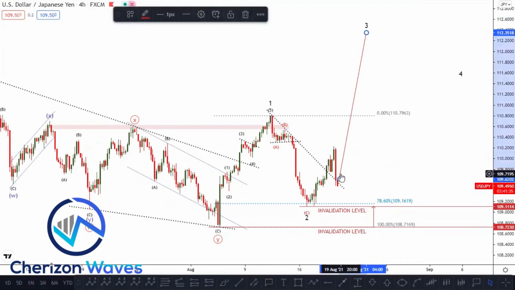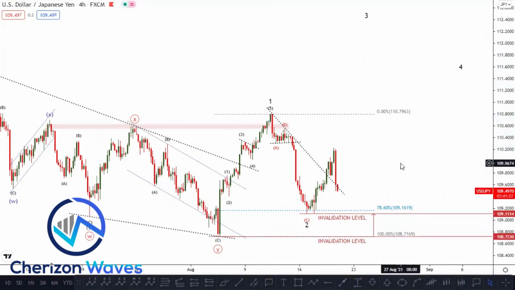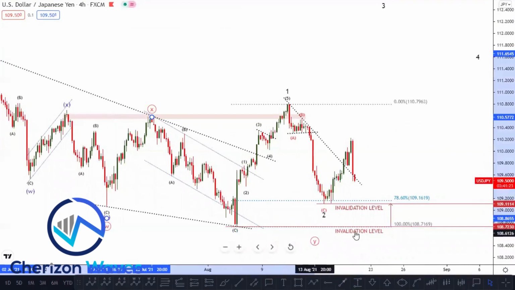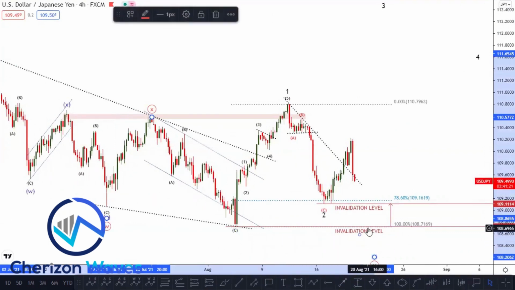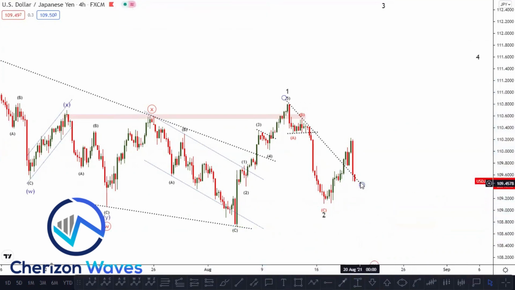That is the first view, and we moved stops here to be intact in case the next view becomes possible. The next view is the possibility of this correction actually being extended, and instead of us having invalidation levels here, we could have it just an update. Let me show you.